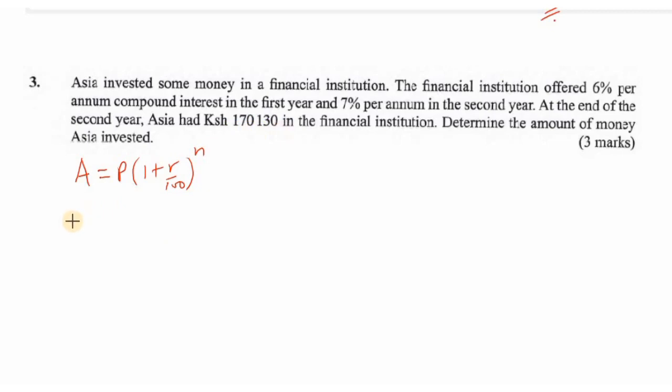So in the equation, we are required to determine the initial amount that was invested that accrued interest, so that we had 170,130 finally. So that amount will be the principal, the original amount invested.